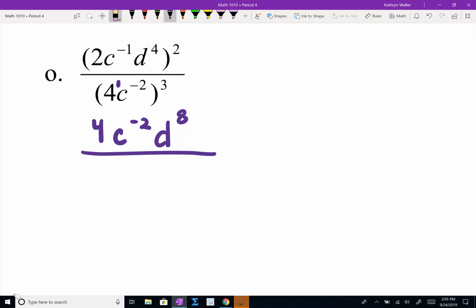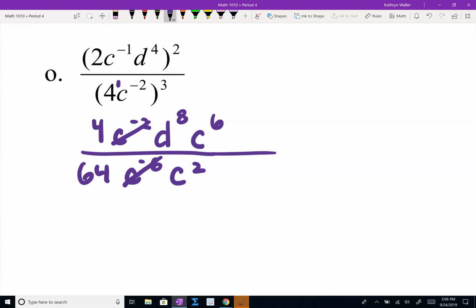That's 4 to the third. Do you have that memorized in your head, 4 to the third? It is 64. C to the, what's that going to be? Negative 6. Good. What's screaming at you? The negatives. Let's make them nice. So bring the C to the negative second down. Bring the C to the negative 6th up.